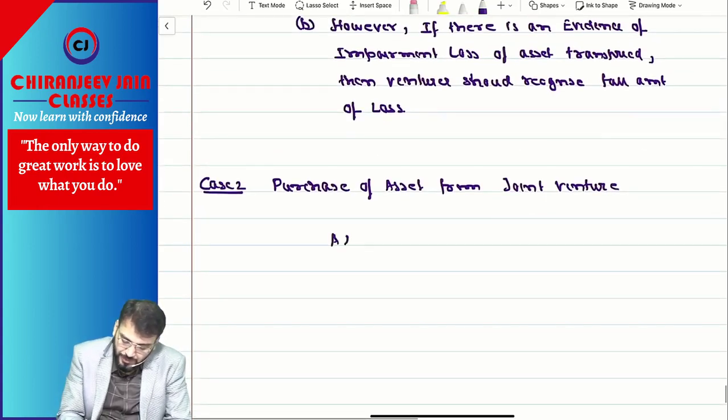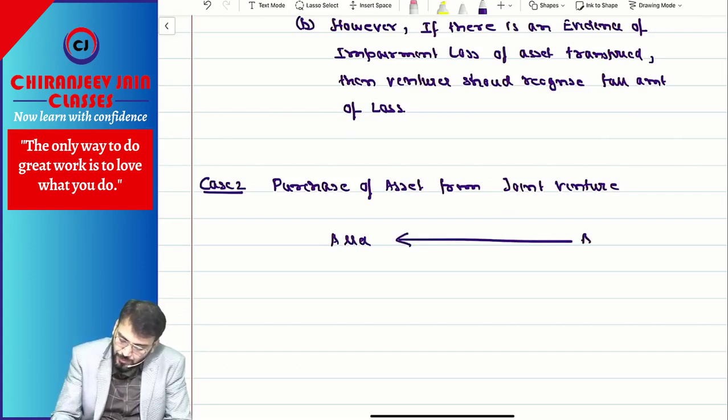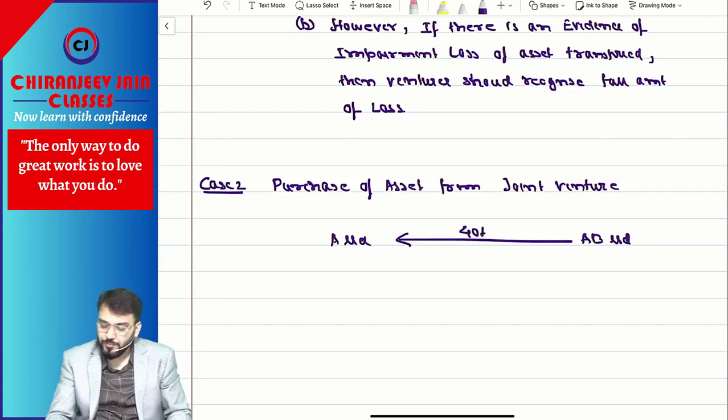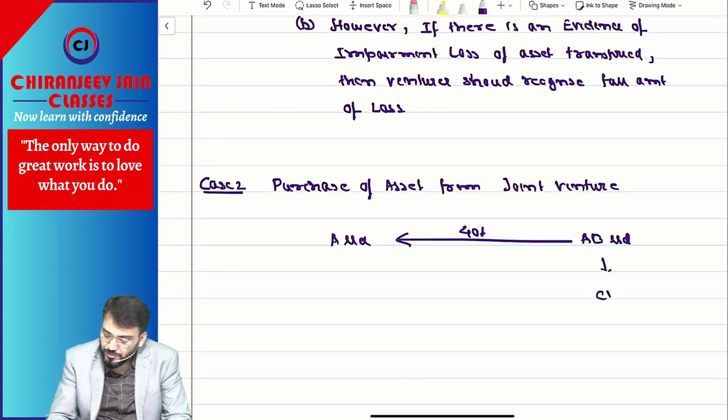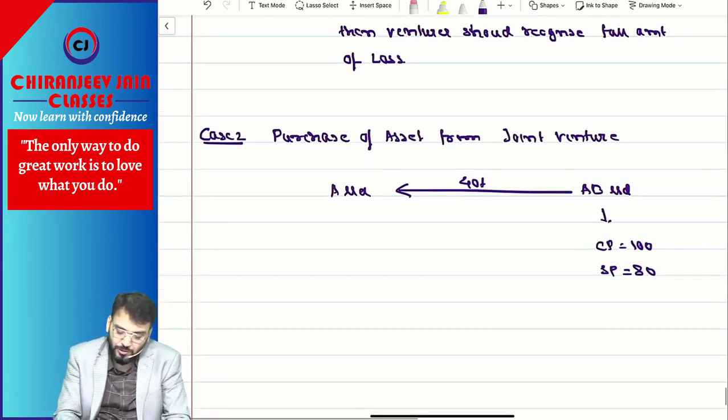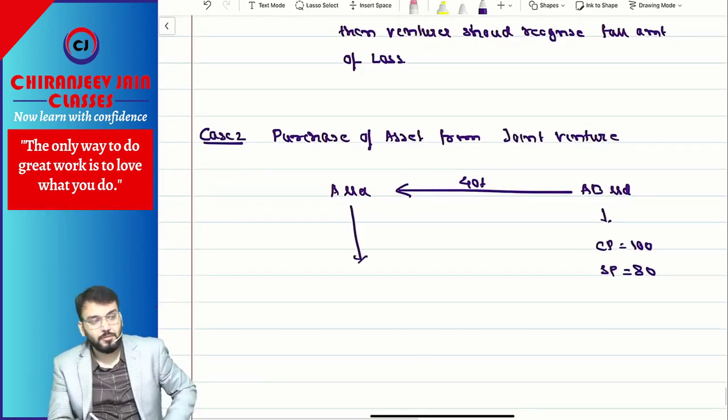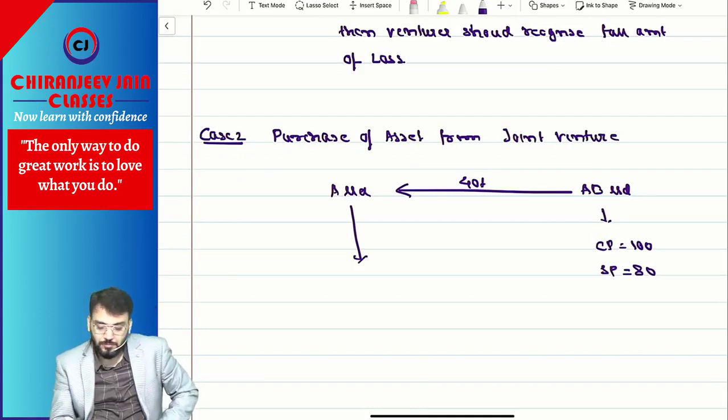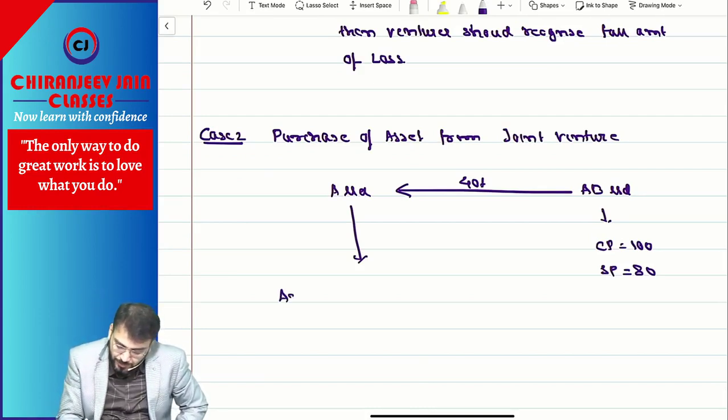Now A Limited has purchased from AB Limited joint venture, and suppose A Limited is holding 40%. The cost price is 100, sale price is 80. But what journal entry will we do in the books of A Limited? Asset account debit to bank. How much?